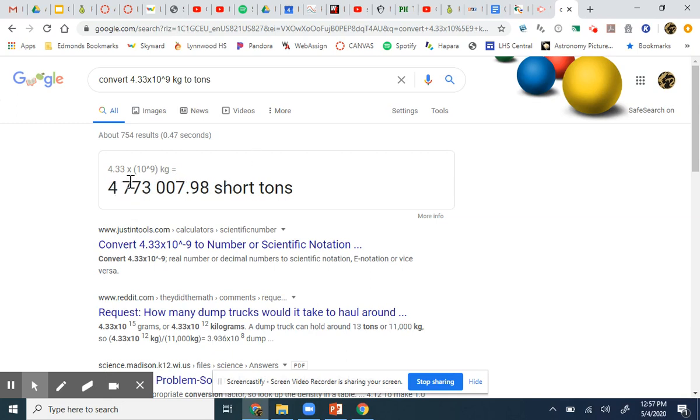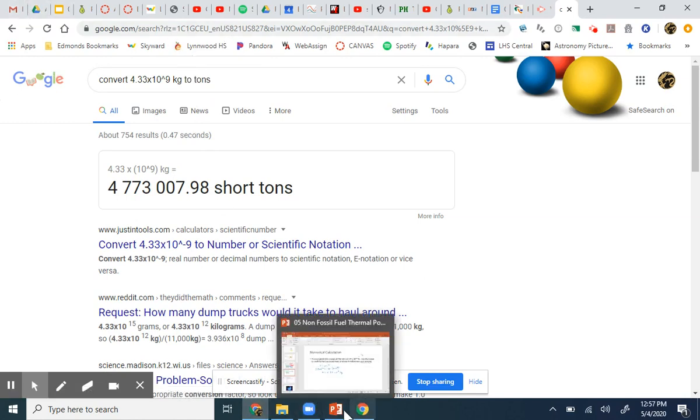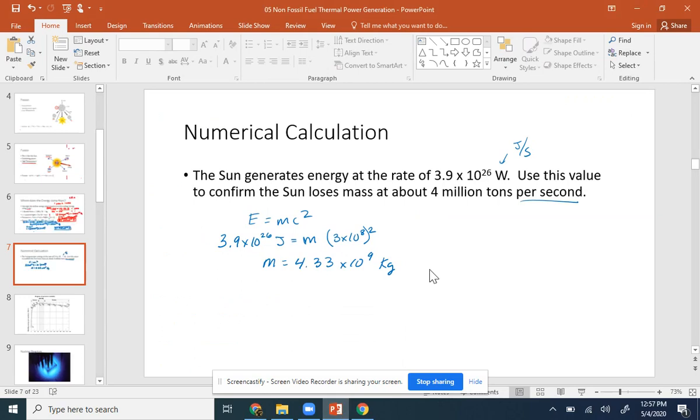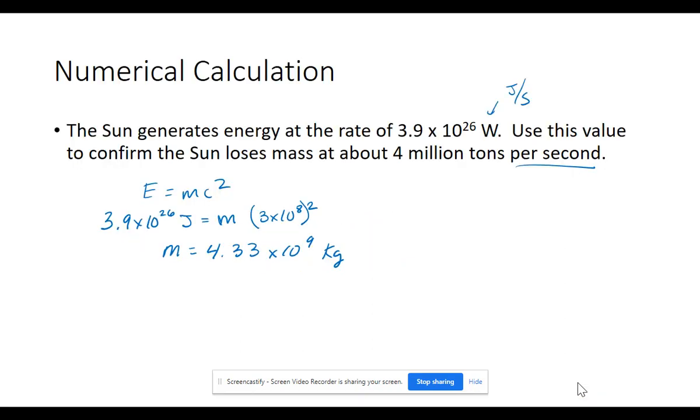So almost 5 million tons. There you go. If we go back to the original question, it just said show that it's equal to about 4 million tons per second. So that means that basically the sun is losing 4.33 times 10 to the 9 kilograms, and then we just convert our kilograms into tons, and there you go.